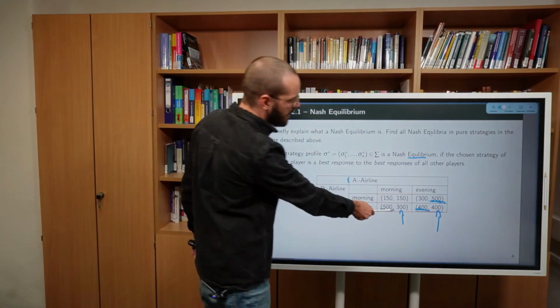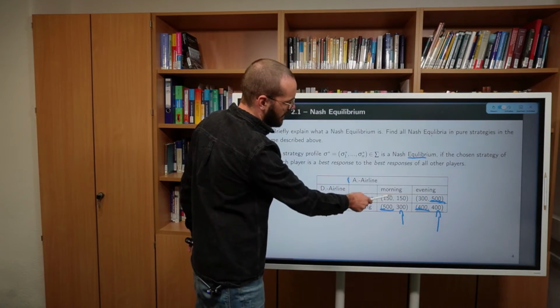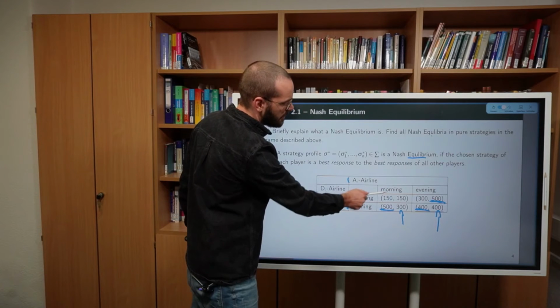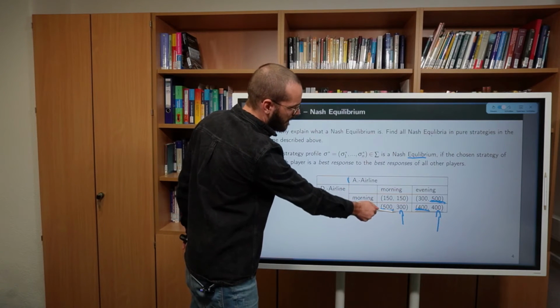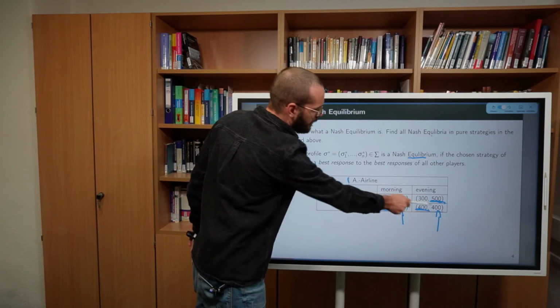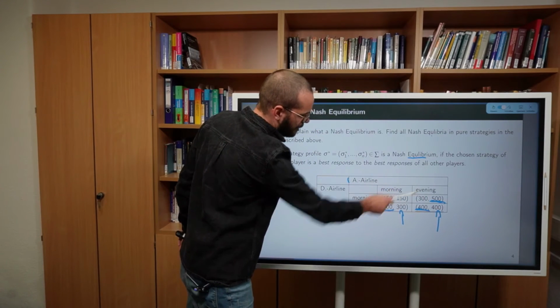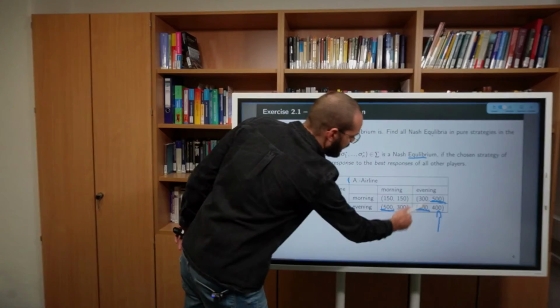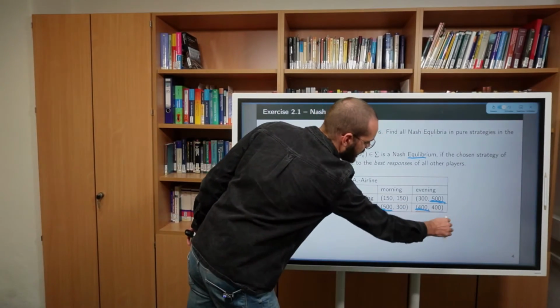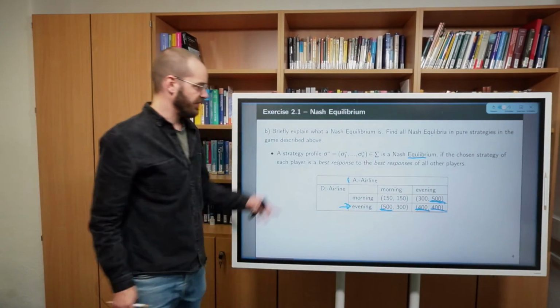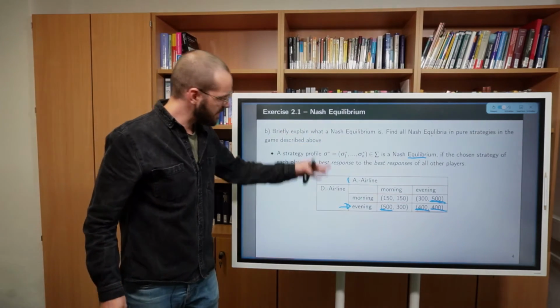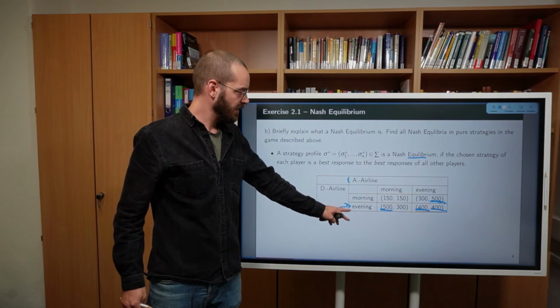We are comparing 300 in case A airline chooses to respond with playing morning with 400 in case airline A chooses to respond with evening. Obviously 400 is larger than 300, so the best response of airline A towards this strategy of airline D is to play evening.